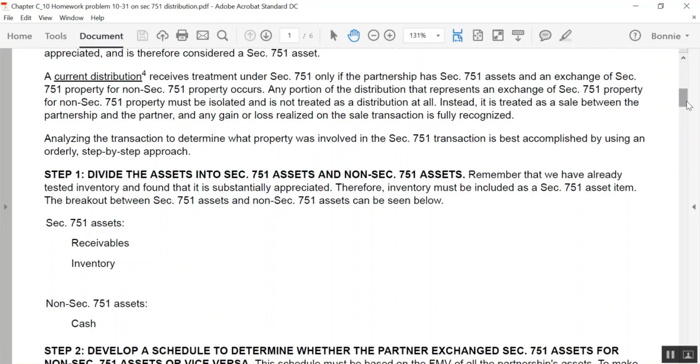And by the way, the sale can be a deemed sale of assets by the partnership to the partner or vice versa. And that's going to depend upon whether you have pluses or minuses in your difference column in column 5, as we'll see in the table when we get done with our analysis.